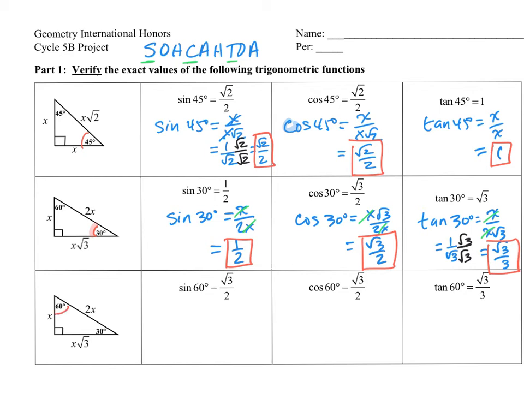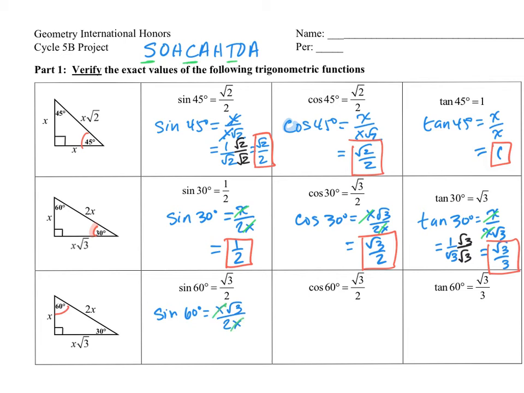So let's start with the sine of a 60-degree angle, which is equal to the opposite over the hypotenuse. So with respect to this 60-degree angle, the opposite side is x square root of 3, and the hypotenuse is 2x. So that would give us x times the square root of 3 over 2x, and then we have a common factor of x that'll cancel.